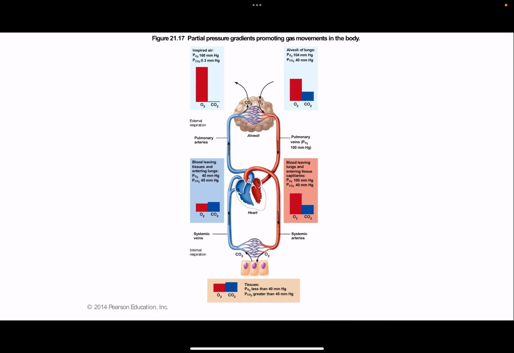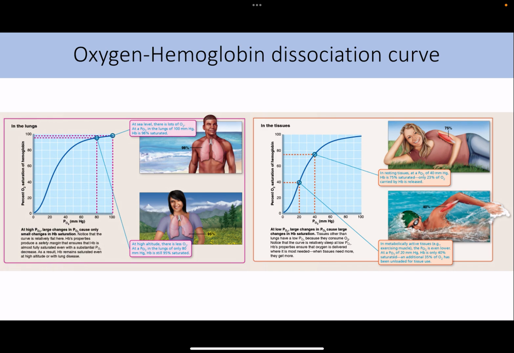And we'll go back to all that later. Again, 100 millimeters of mercury, that's going to be about 98% saturation. We have movement at the tissues, and then we have a PO2 of 40 on the other side. But you can see this here. Again, at 100 millimeters of mercury, that equates to about 98% saturation.